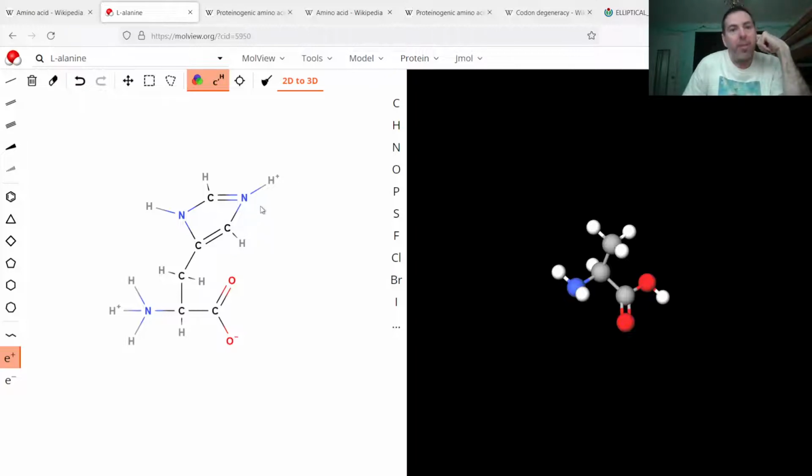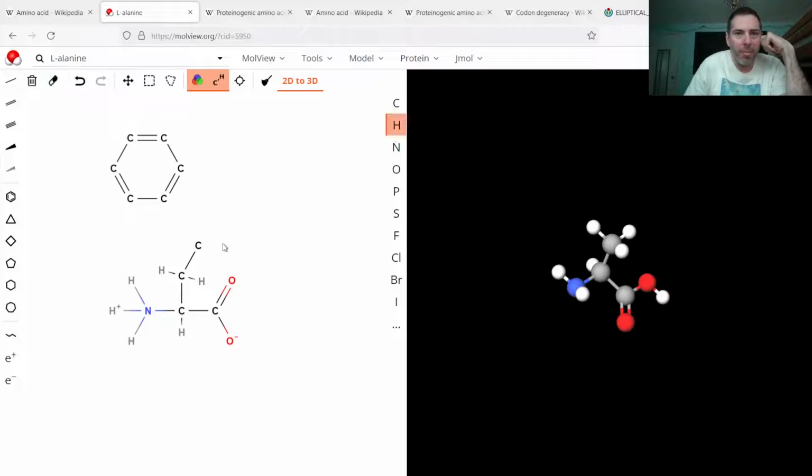And then tryptophan is kind of similar. There's going to be like a benzene ring kind of merged with that. Let's put the nitrogen down here. And the nitrogen, I believe, has a hydrogen attached to it.